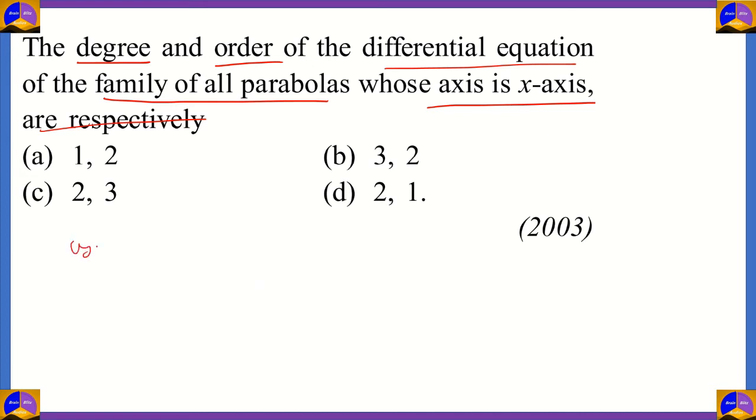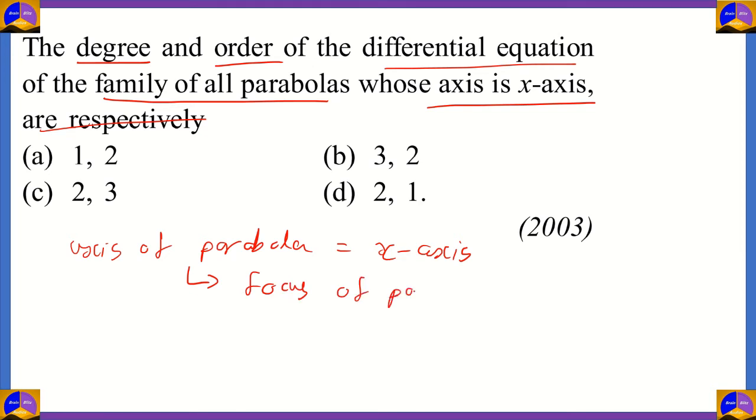So here we know that the axis of the parabola will be the x-axis. So what does that mean? It means the focus of the parabola will be equal to a comma 0.